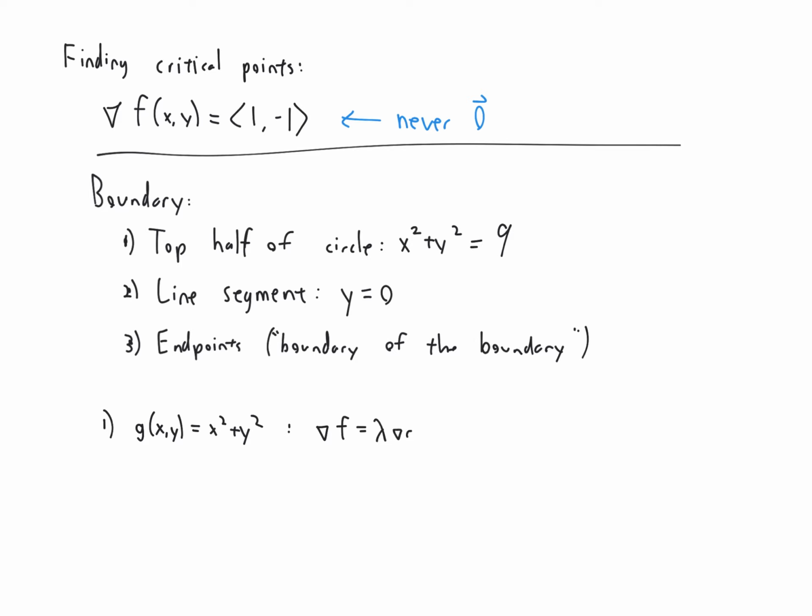Now the Lagrange equations, as we know, are that the gradient of f is a scalar multiple of the gradient of g, and that g equals 9, the constraint. So let me write these out. Gradient of f we already figured out, and the gradient of g we can figure out pretty quickly is 2x comma 2y. And then g equals 9 is just the original constraint equation that x squared plus y squared equals 9.